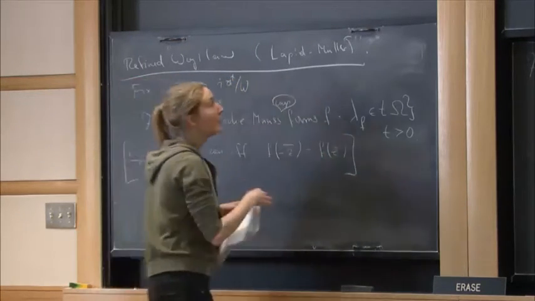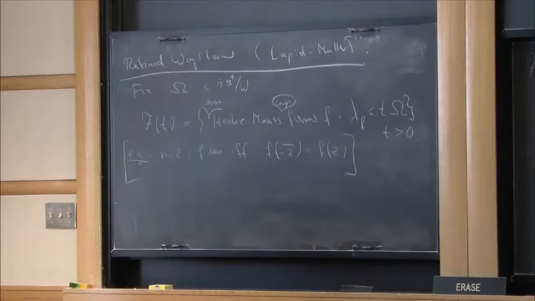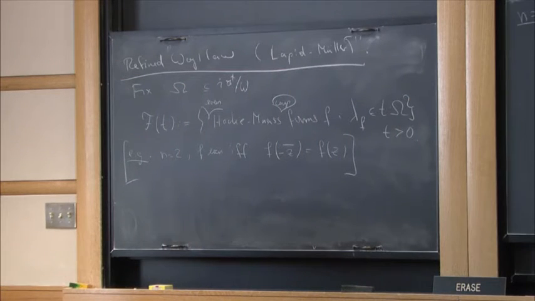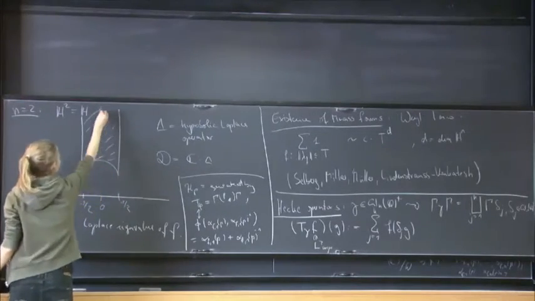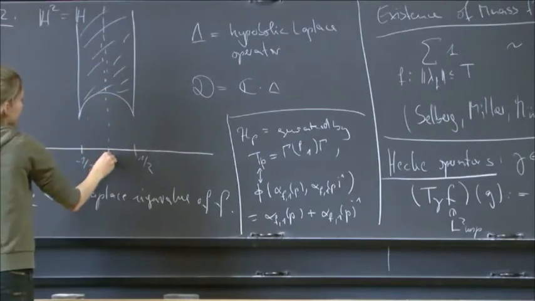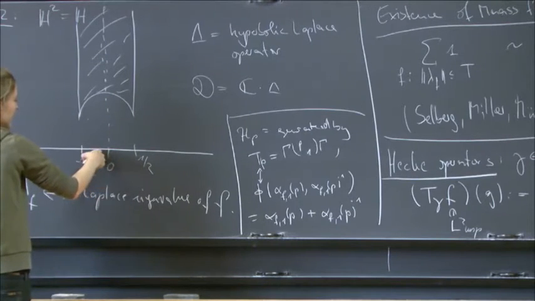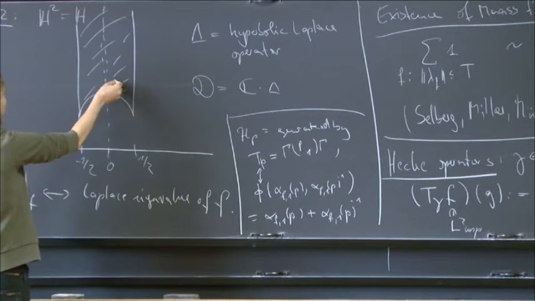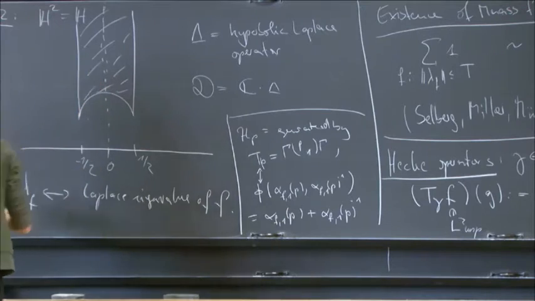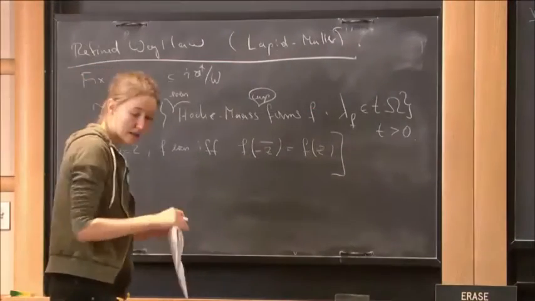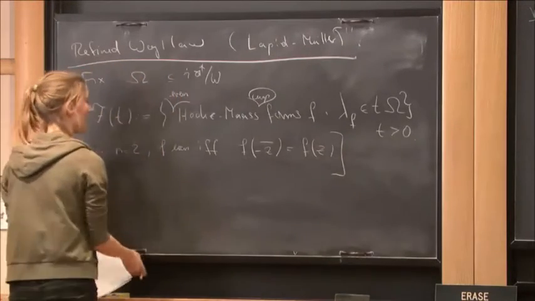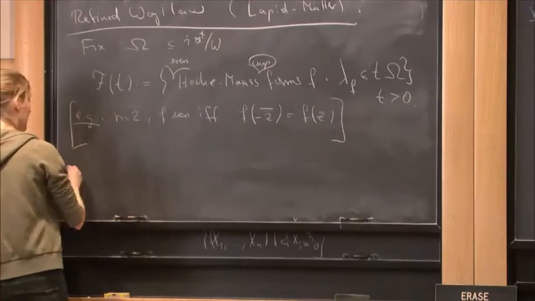So here in this picture, you have the involution reflecting over this axis of symmetry, real part z is 0, and even forms are just those which are invariant under this involution. And then Lapid and Müller prove the following.